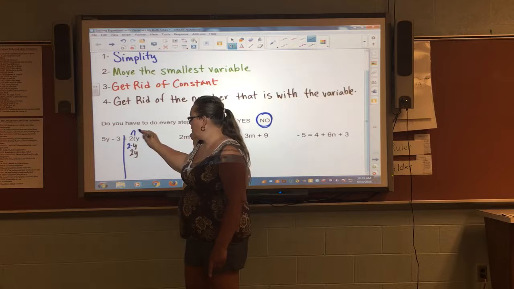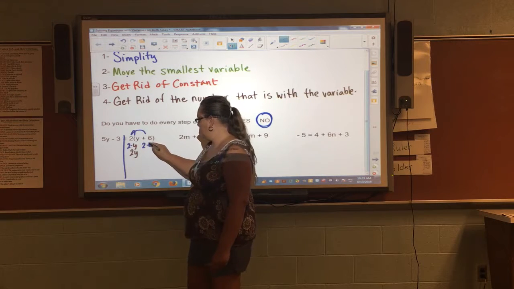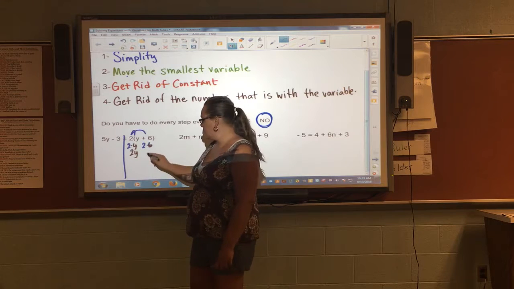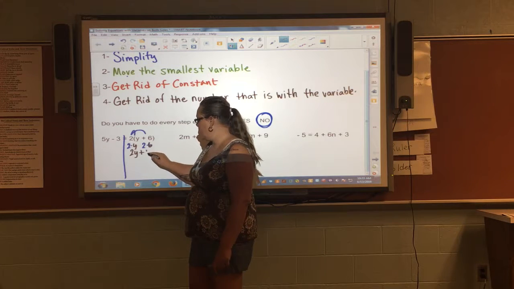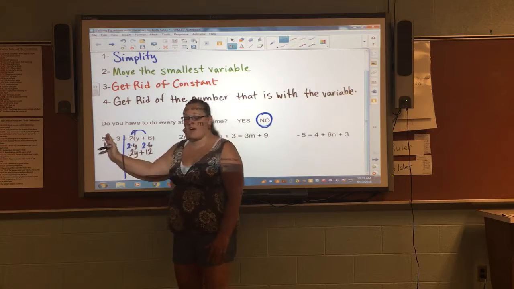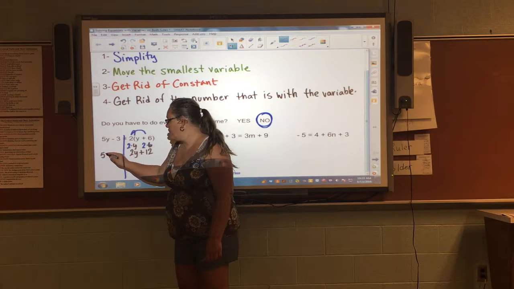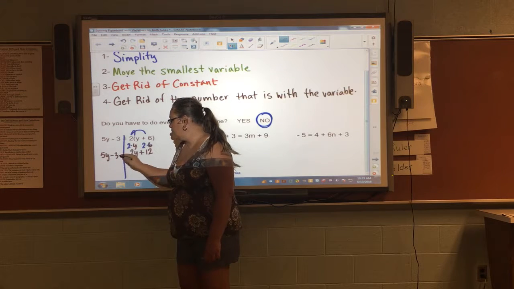And I can do 2 times 6, which gives me a positive 12, so it should be plus 12. Can I simplify the left side? No. So we just bring down the 5y minus 3.